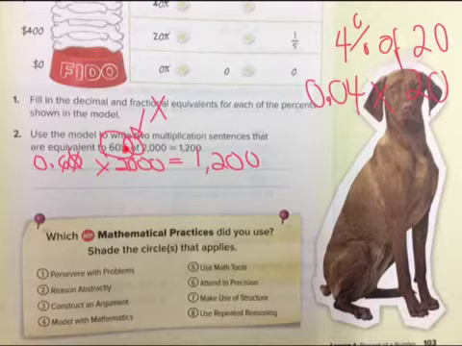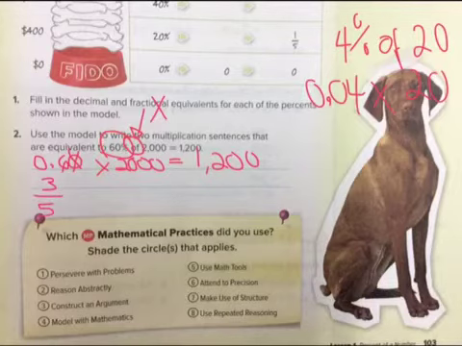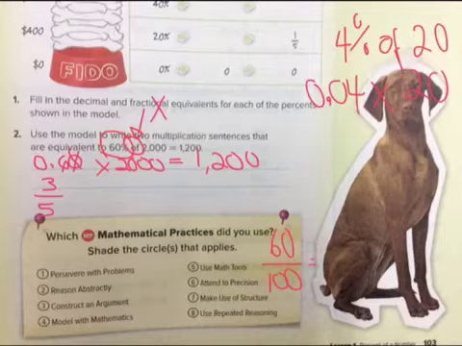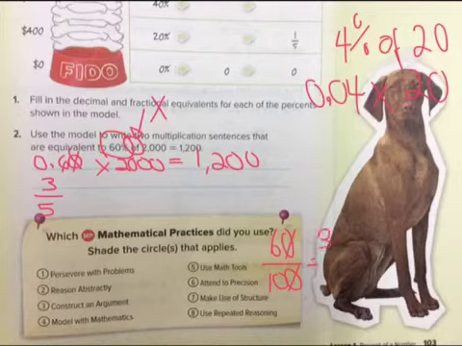We know that 60% is 3/5. If you don't know why it's 3/5, look here quickly. Let's say we have 60%. I take that 60% and make it 6 out of 10. And then when I simplify and divide them both by 2, I get 3 on the top and 5 on the bottom, and there's your 3/5.